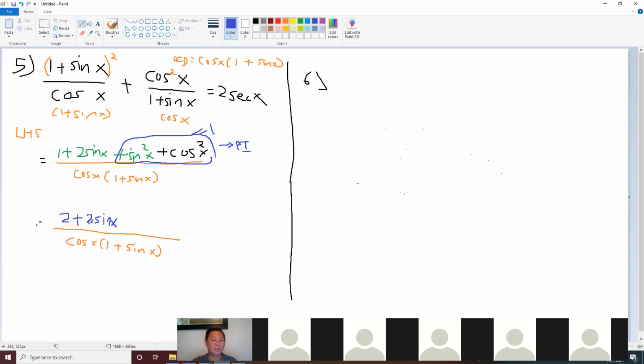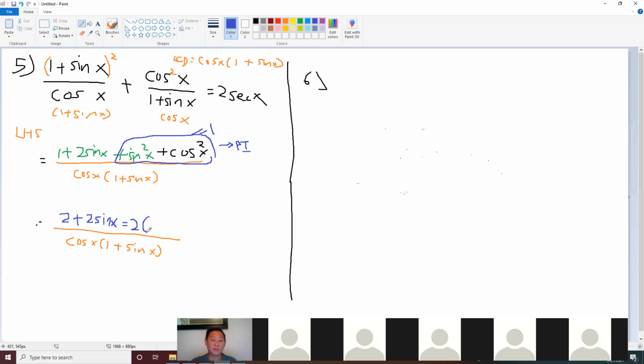And what can you do with this 2 plus 2 sine x? Again, you cannot cancel because, as I told you, you need to factor first, right? So can we factor something out of this? We can factor out the 2.